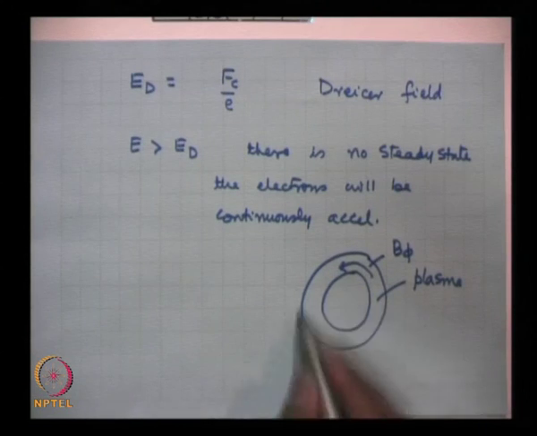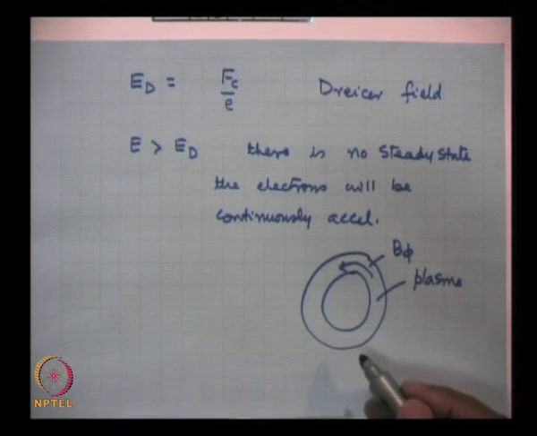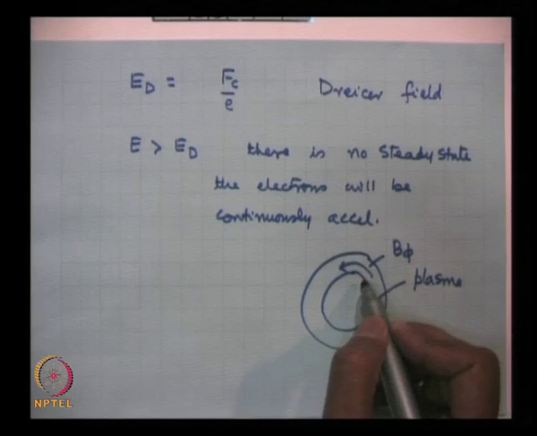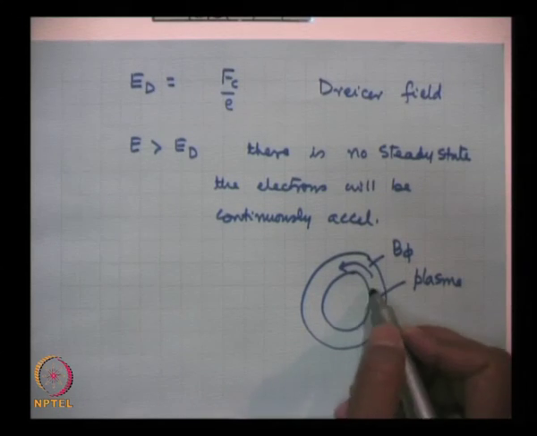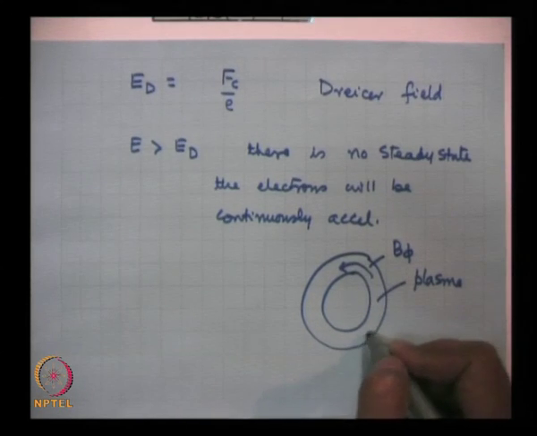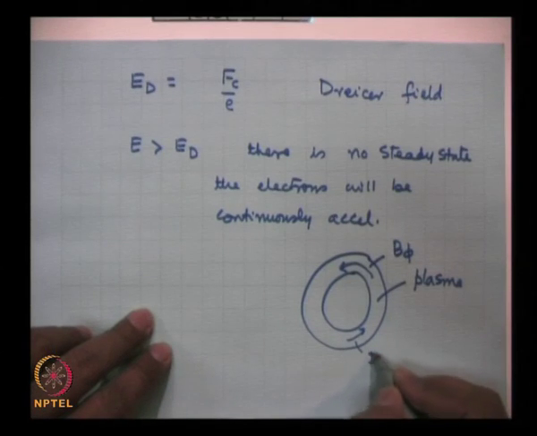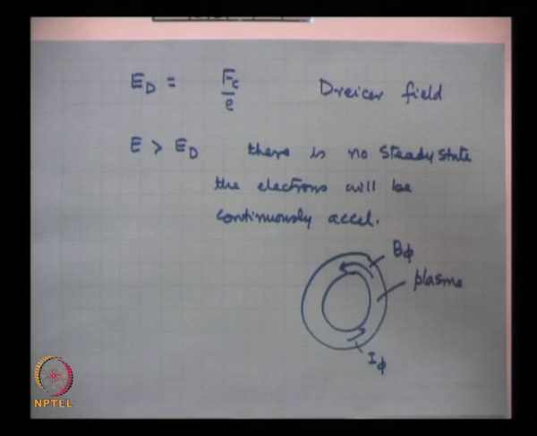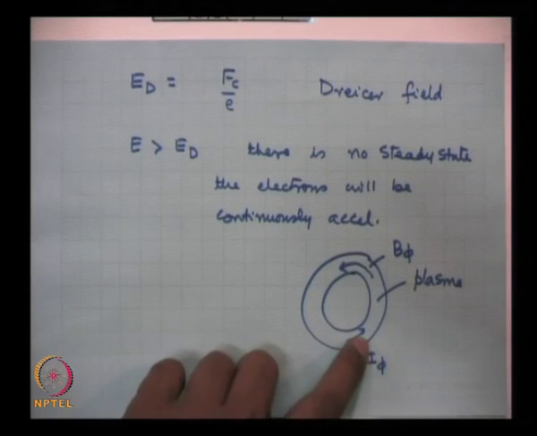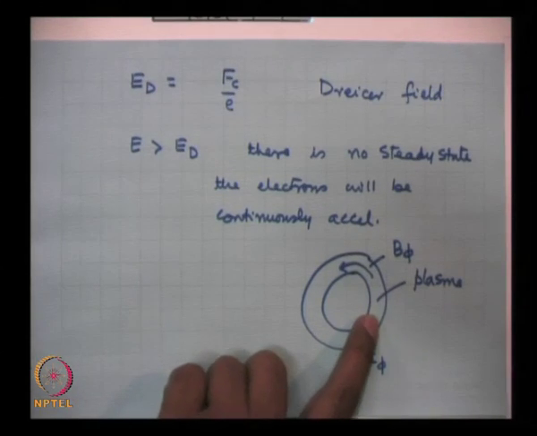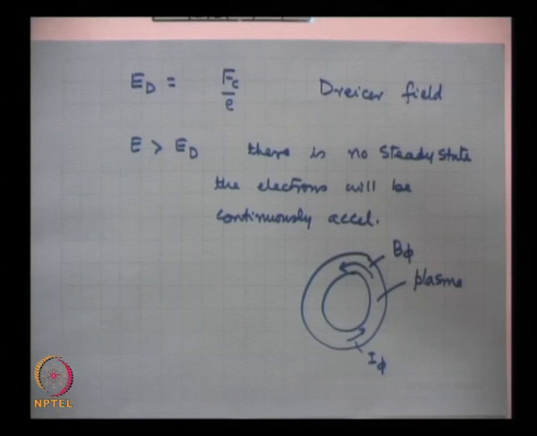It has been recognized that this magnetic field is not enough to confine the plasma, so we also require a current in this direction, called I phi. If you do not have a current flowing in this direction, plasma confinement is not possible. The electrons and ions move out to the outer wall, and the plasma cannot stay there for long.